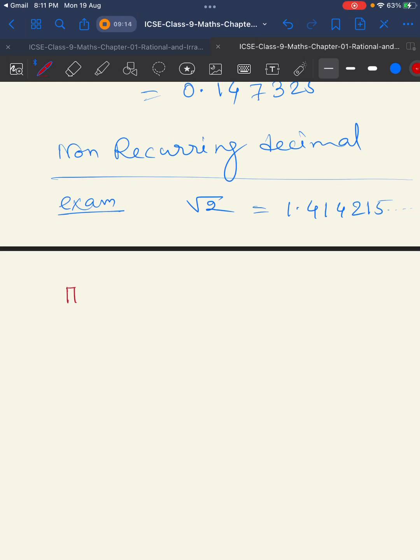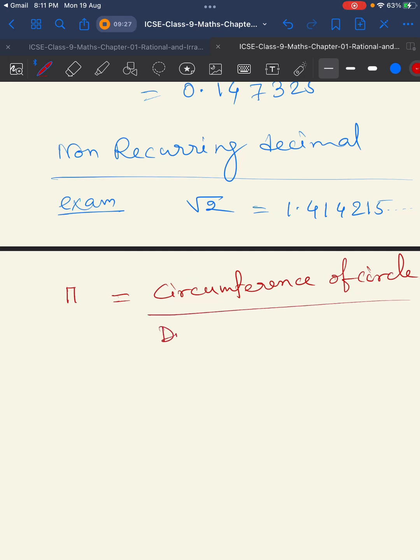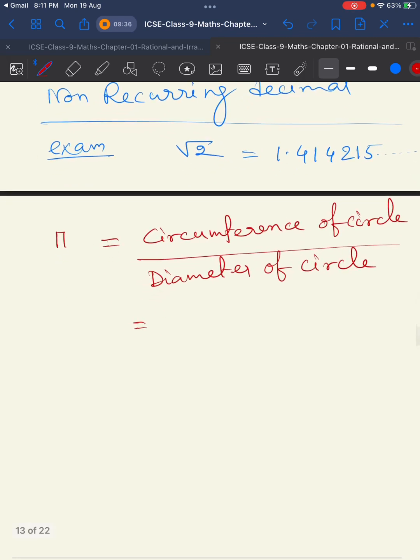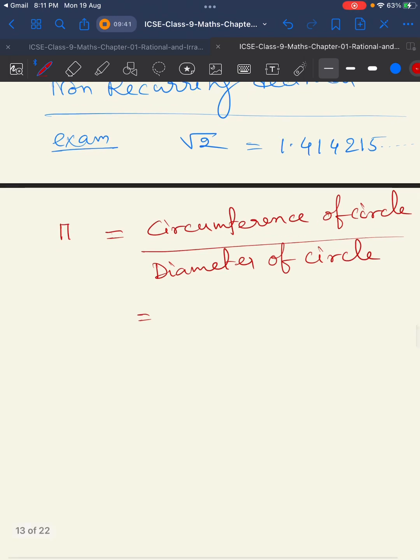Now what is pi? Pi means the circumference of a circle divided by the diameter of the circle, and pi is a decimal number.